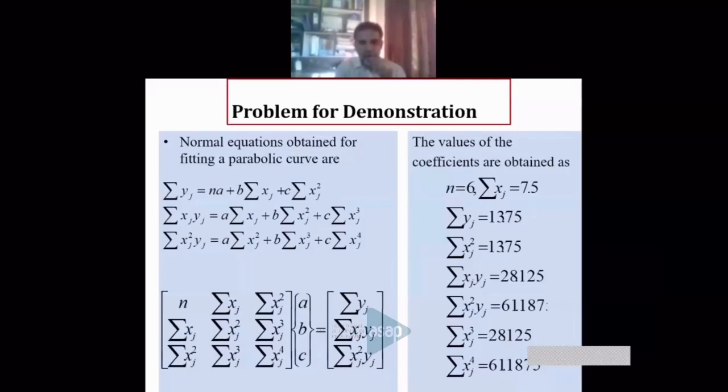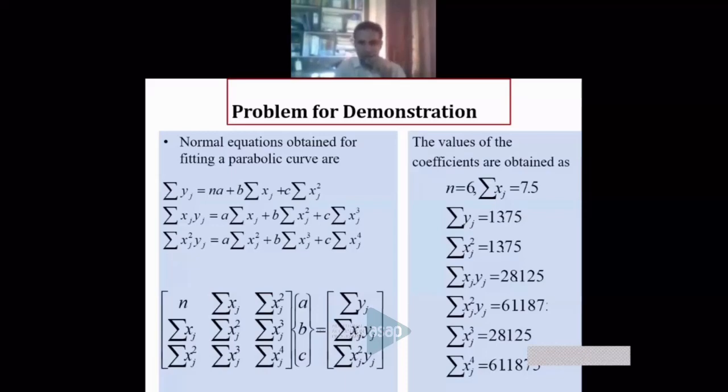equals sigma y. This equation. Now if you look at the second equation, sigma xj into A, sigma xj squared into B, sigma xj cube into C, equals sigma xj yj. That's equation 2.